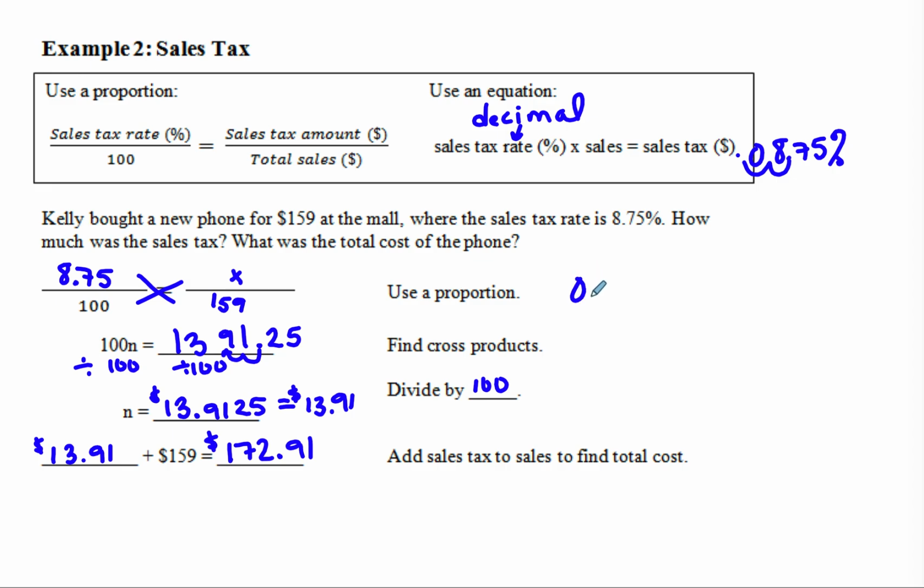And then we would use our decimal form, 0.0875 times our sales, 159, equals our sales tax. And when we multiply these together, that's where we would get our $13.91. So this is what it looks like for an equation. This is what it looks like for a proportion. You can use either method.